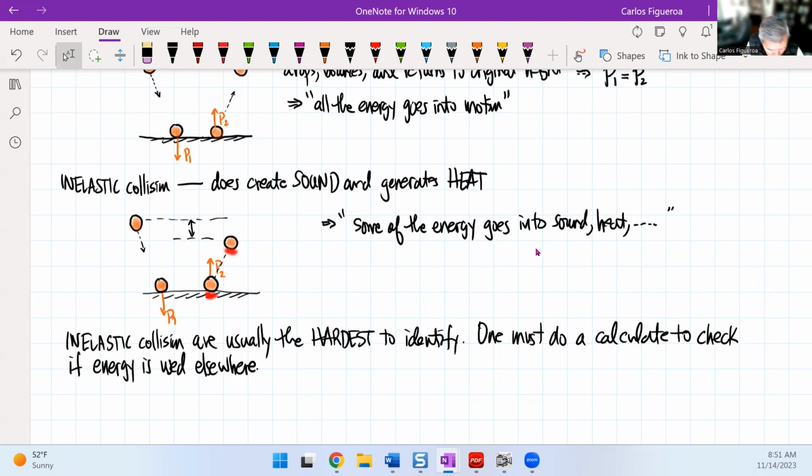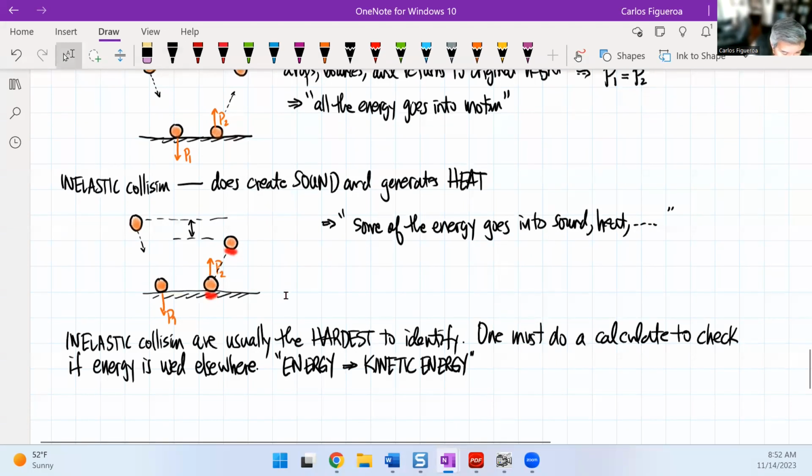And typically, when we say the word energy, we really mean this term called kinetic energy. Kinetic energy is the energy of motion. But that's not part of this chapter. It's the next chapter. So again, this is one of the toughest ones, something that we will not be able to do in this course.